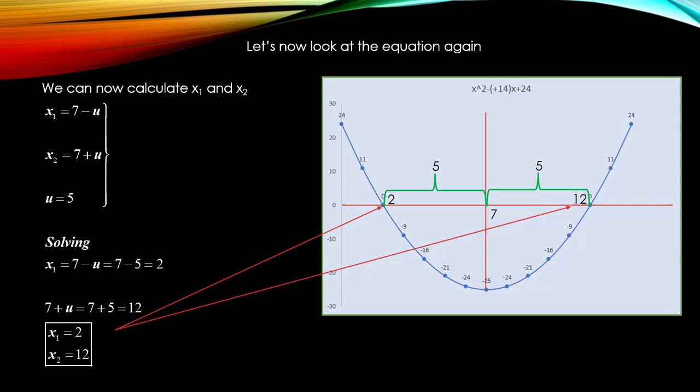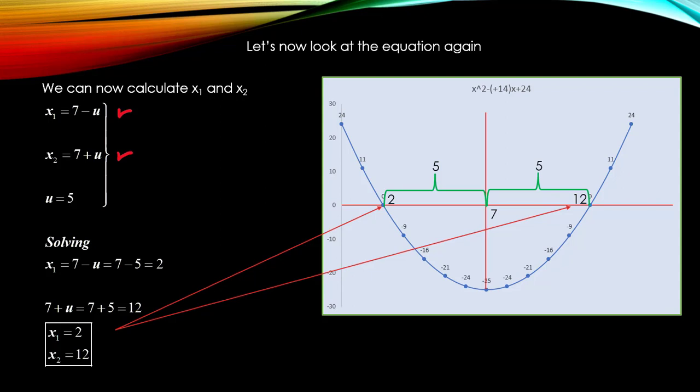So now we have u, and we know that u is the distance between the line of symmetry and the points on the x-axis that we're looking for. And we have these two equations that relate x1 and x2. Those are the points on the x-axis for which we're looking.